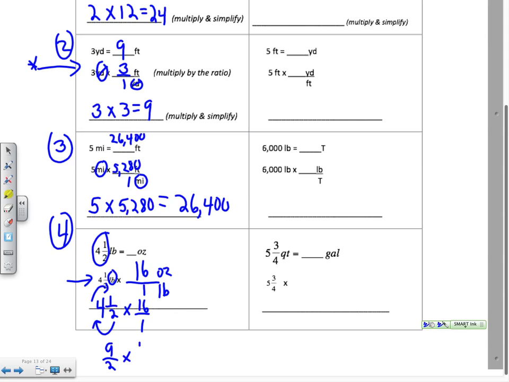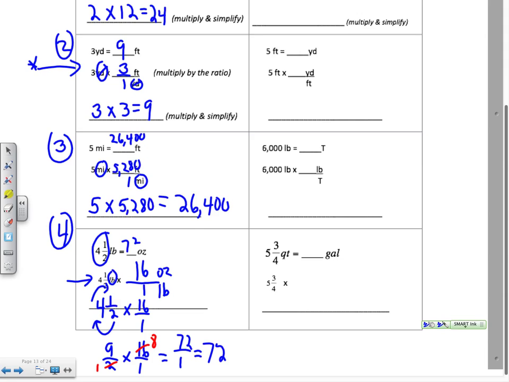Now we can multiply that by 16 over 1. This is a problem we've seen and practiced many times. I can cancel out to make it easier. 2 divided by 2 is 1. 16 divided by 2 is 8. So now my problem is 9 times 8 is 72. 1 times 1 is 1, and again, I don't need the 1. So up here, 4.5 pounds is the same as 72 ounces.